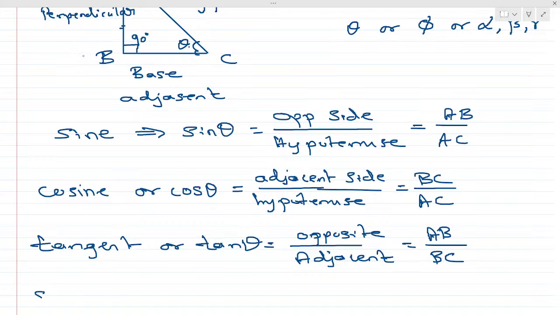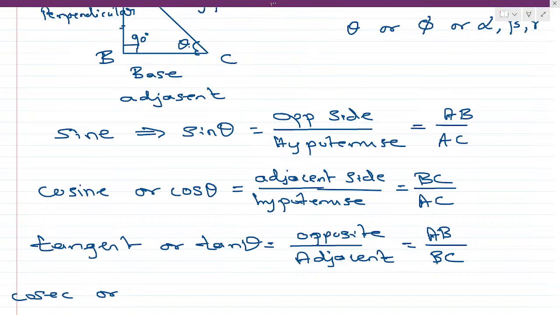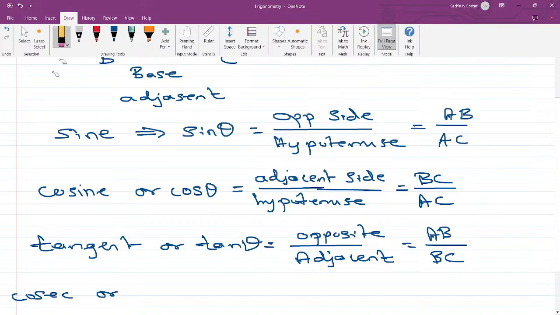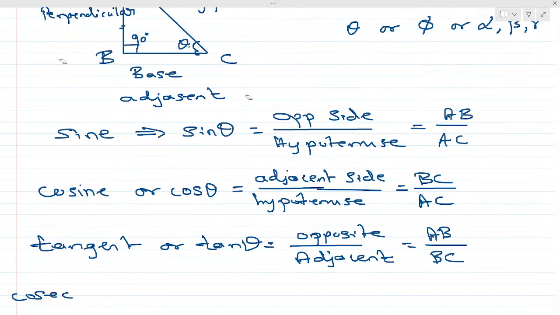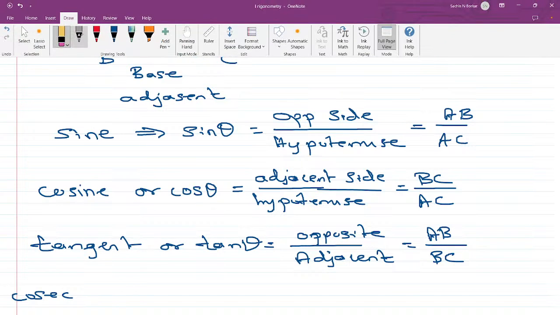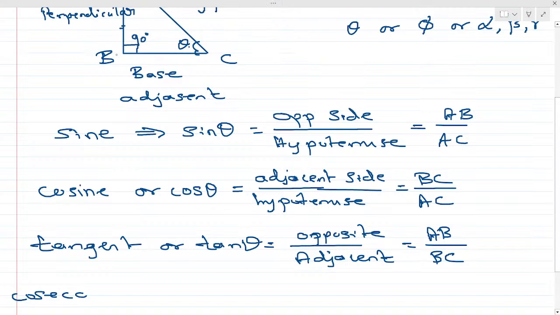Then we have cosecant theta, the cosecant of the angle, simply written as cosec theta.